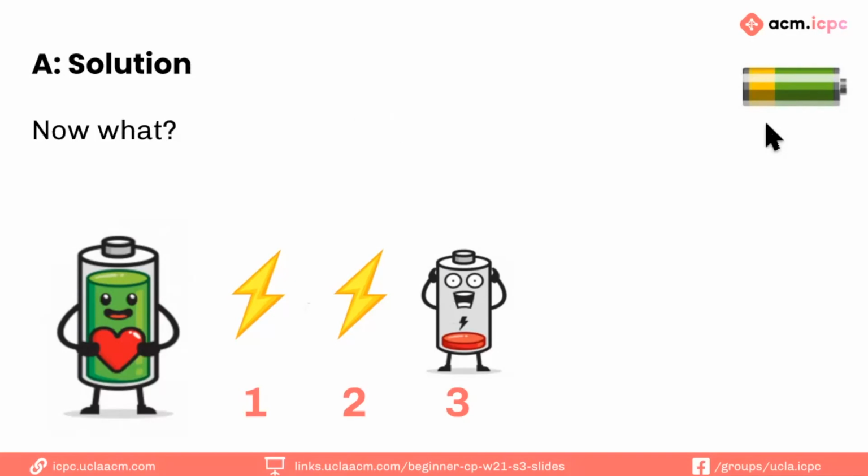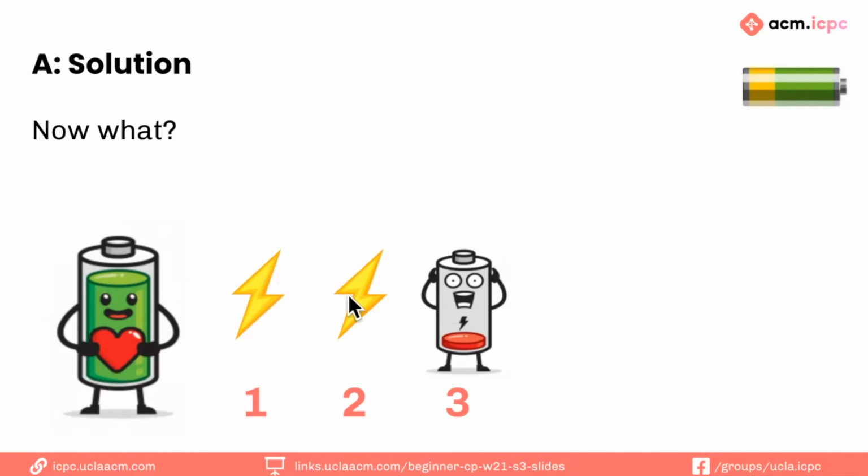So now what? We have another choice where we can either test 1 or 2. And the idea is, let's say we tested 2. And just for the sake of argument, let's say that the actual amount that it could withstand was 1.